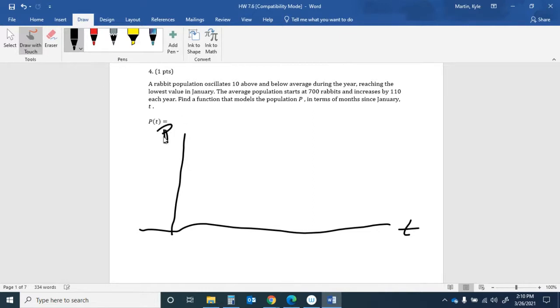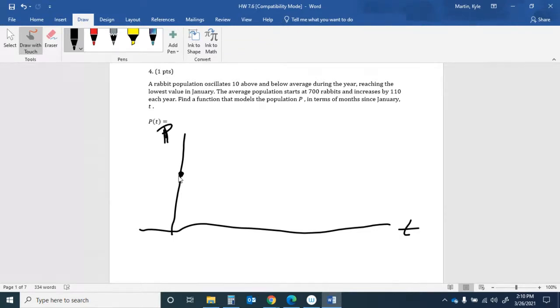So I have P for population. It says its lowest value is in January, and we're starting in January, so time t equals 0 is January. The average population starts at 700 rabbits, so our p-intercept is 700 rabbits.